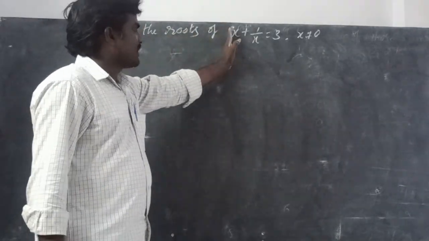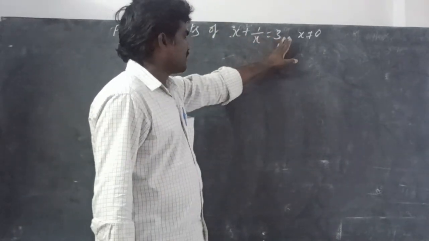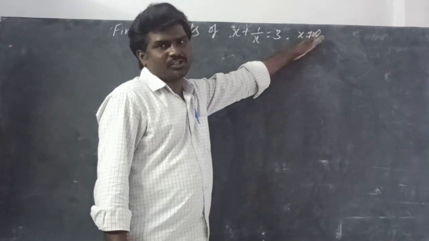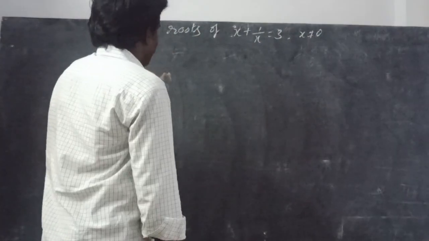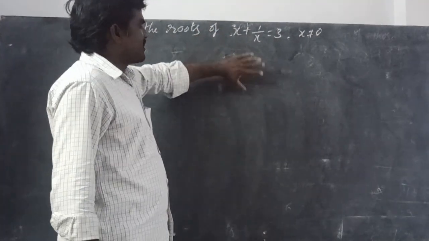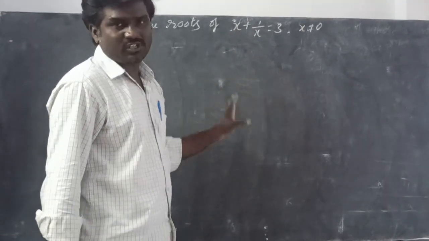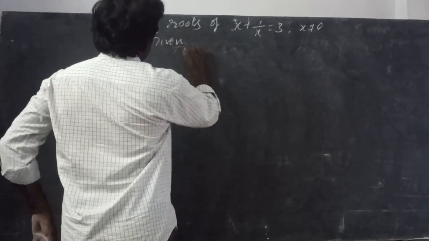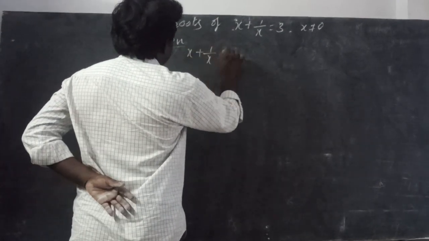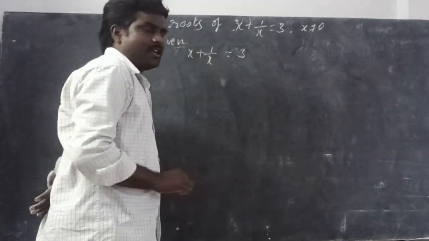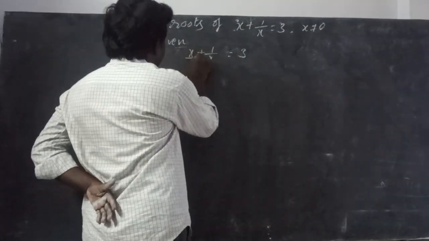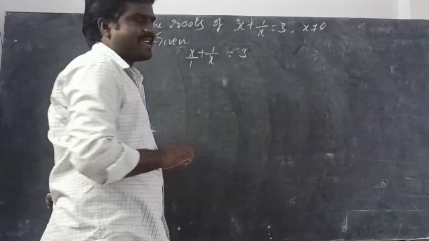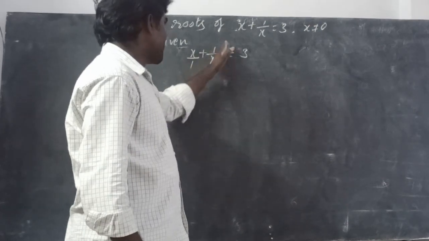Find the roots of x plus 1 by x is equal to 3, where x is not equal to 0. So first we change the given equation into a quadratic equation. Given x plus 1 by x is equal to 3. The first term x is a whole number, so we can write it as x by 1. x by 1 plus 1 by x.